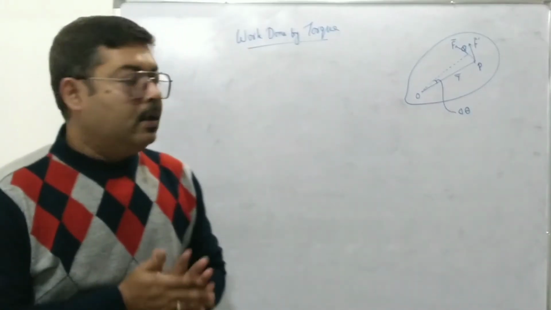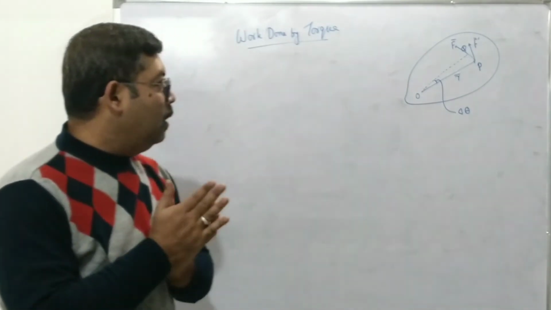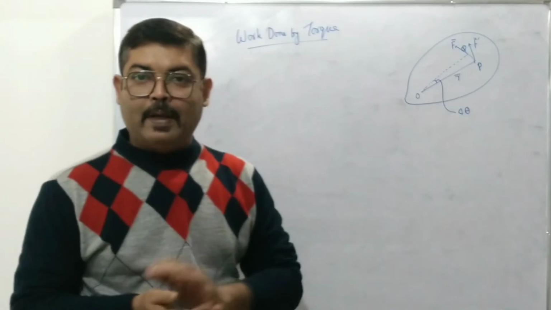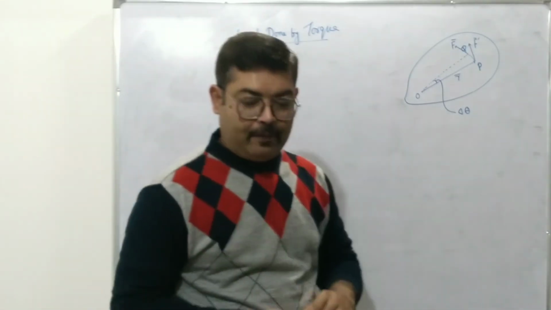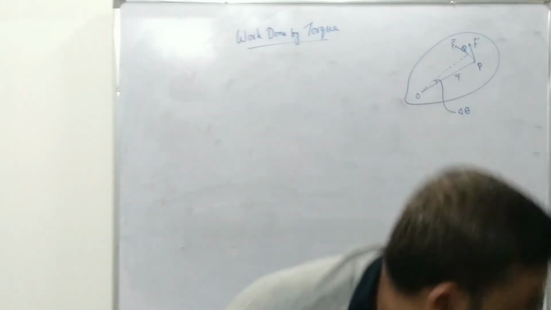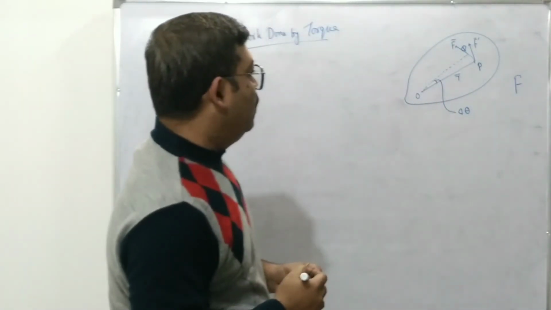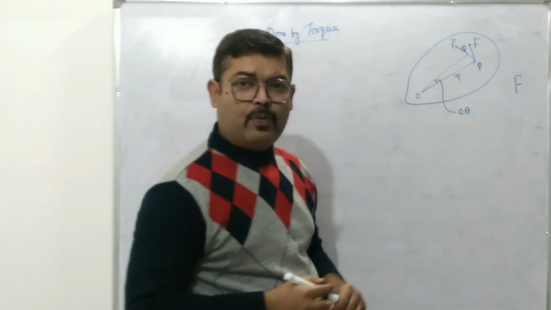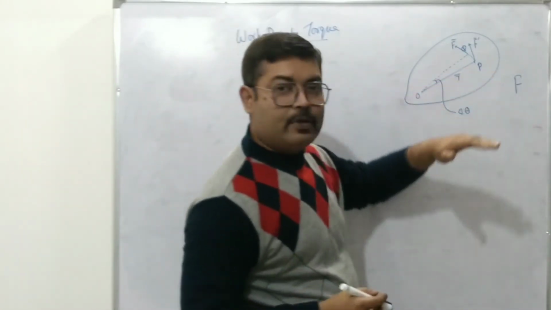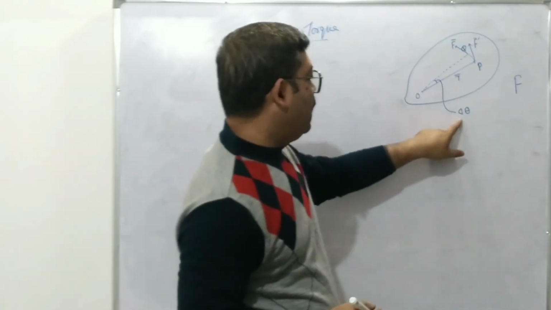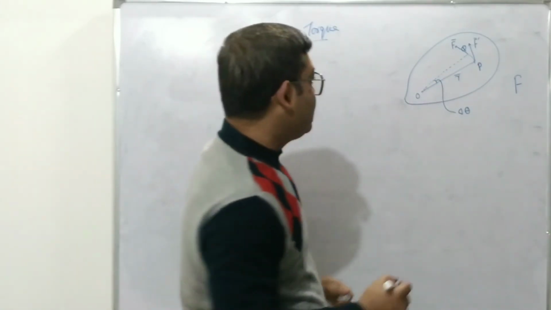Right? Okay, now let us say that a rigid body is rotating under the influence of a force whose magnitude is given by F. Okay, F is the magnitude of the force. So let us say in a very small time, under the influence of the force, the object rotates through an angle of delta theta. The angular displacement is delta theta.